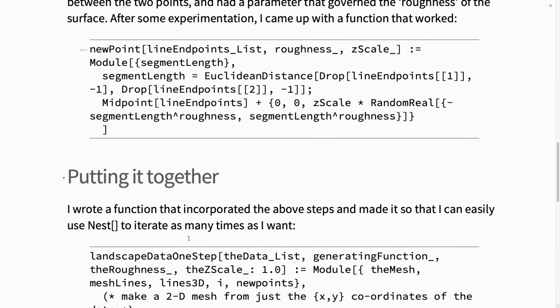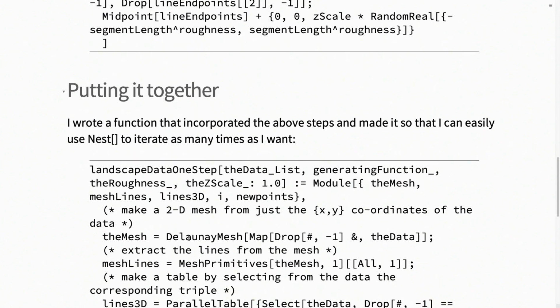As it turned out, if I used the Euclidean distance between the two actual points and not the points projected on the plane, the whole thing blew up. So the function that selects a new point is sensitive to what the conditions are, and this plays out later.